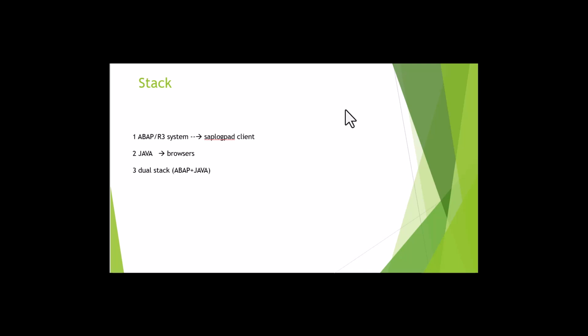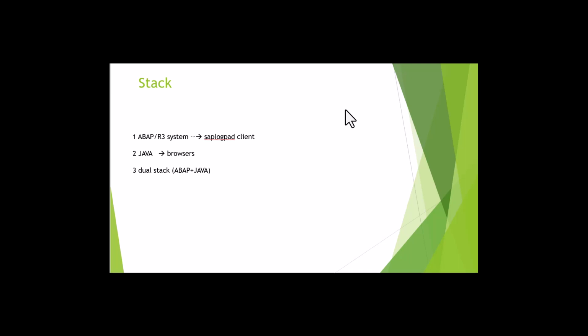Earlier we used to have a dual stack, which is a combination of ABAP plus Java, so you would have an ABAP system as well as a Java system. The user would have SAP Logon Pad and a browser, and using these two clients, the user accessed this dual stack. Now we don't have any dual stacks. It is a pure ABAP stack or Java stack. I have given this information only for understanding purposes.